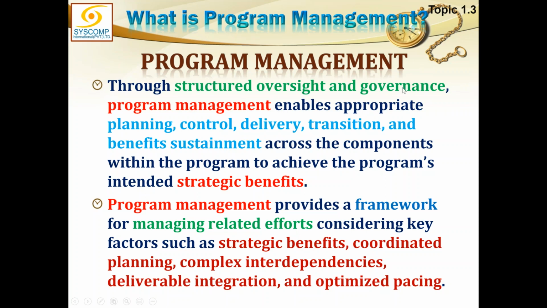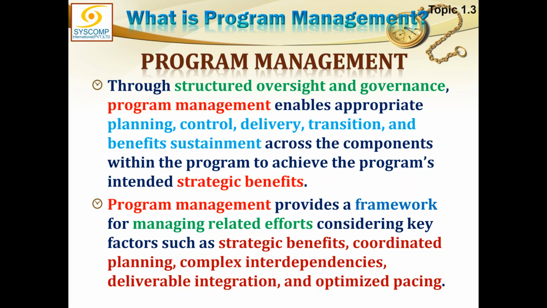Through structured oversight and governance, program management enables appropriate planning, controlled delivery, transition, and benefit sustainment. I hope we have gone through all these steps. A program has to be planned, controlled, benefits delivered, transitioned to the client, and sustained.